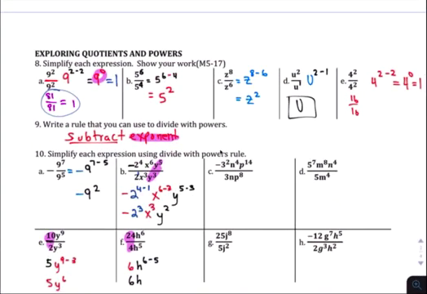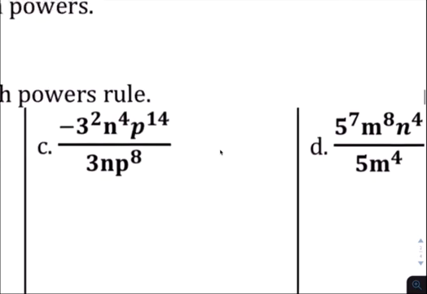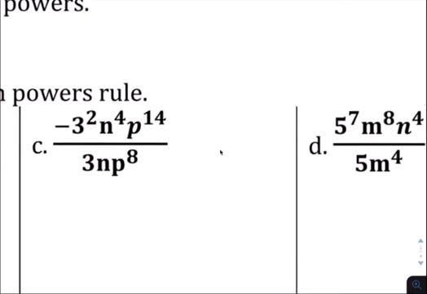So here, if you have a negative, you need to bring that down. You got this 3 squared, an exponent of 1 minus 1.